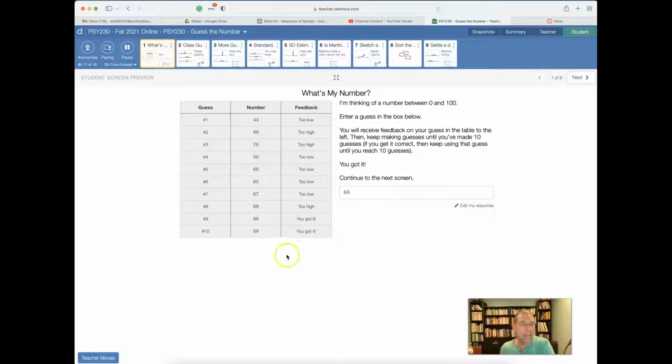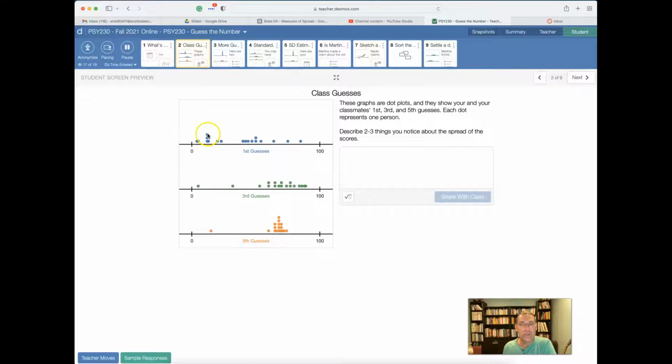Okay, so I made all these guesses. Now, when we go to this next one, it shows me everybody else's first guess. Each dot is a different person in the class, everyone's third guess, and everyone's fifth guess. One of the things you can see is that first guesses are all over the place, which makes sense. No one has any idea. It can be anywhere between 0 and 100. Third guesses start to get a little better.